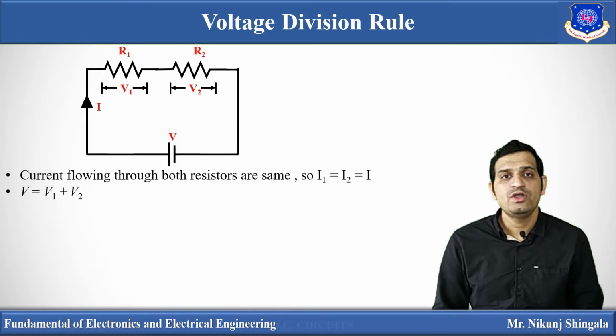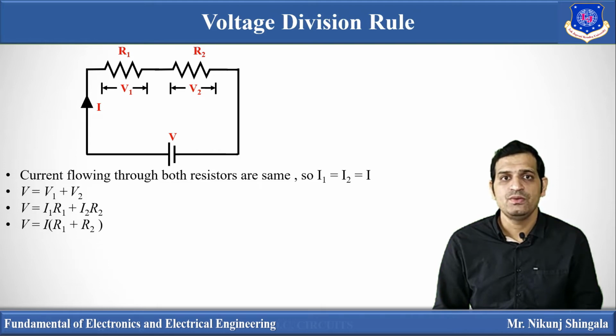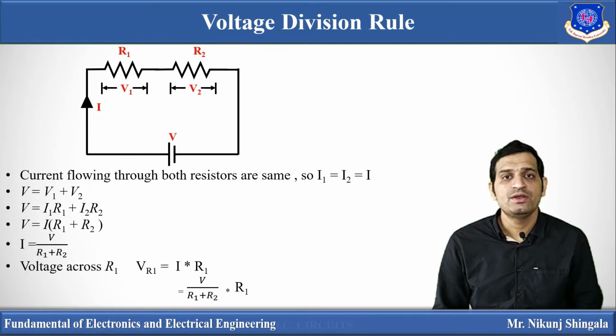Now total voltage V is equal to V1 plus V2. So we can write V is equal to I1R1 plus I2R2. Taking I common, we can write V is equal to I times (R1 plus R2). So the total current of the circuit is V divided by R1 plus R2. Now according to Ohm's law, the voltage across R1, denoted by VR1, is equal to I into R1.